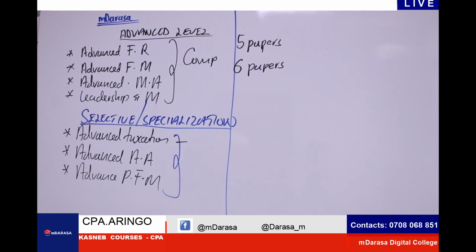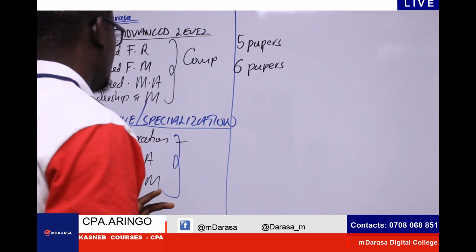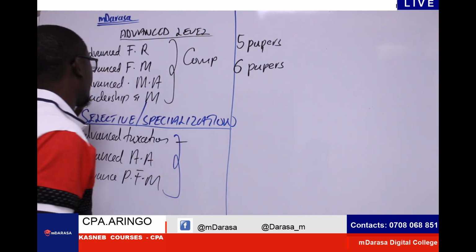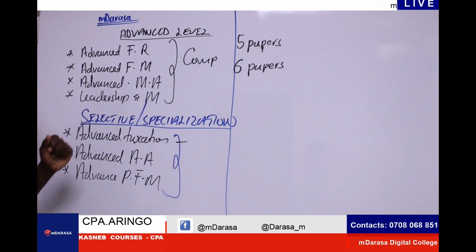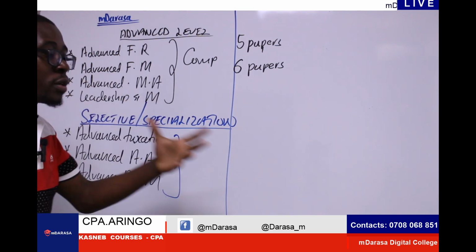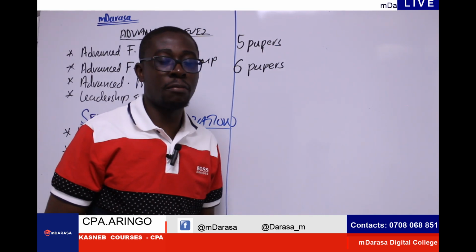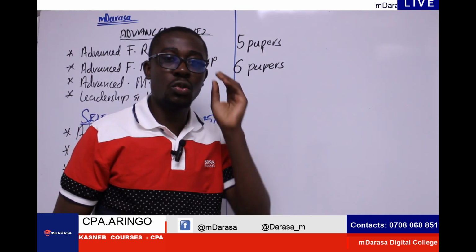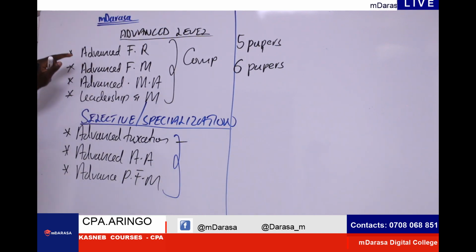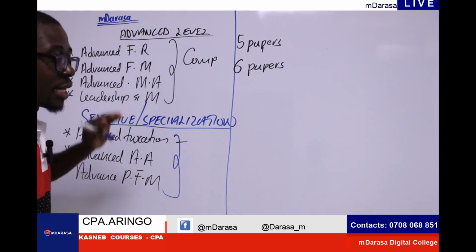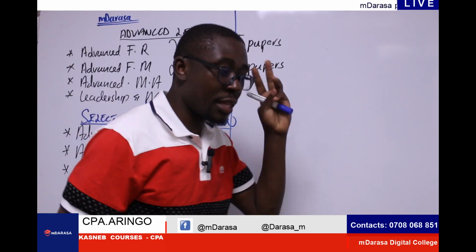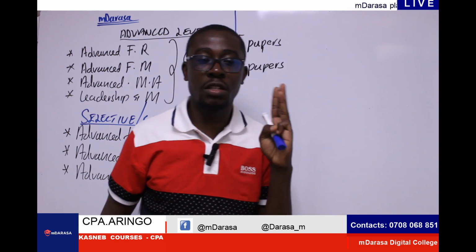Then another question that you guys have been asking a lot is, Mwalimu, can I do all these 5 papers at once, or what is the criteria for doing the papers? This is what you need to know. At any given sitting, there is a minimum of 3 papers which you have to sit for.